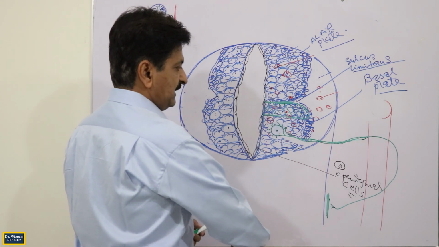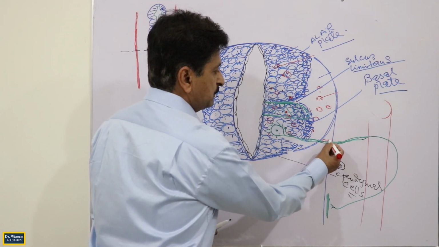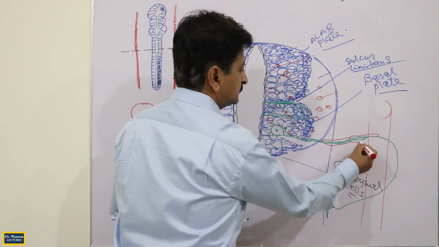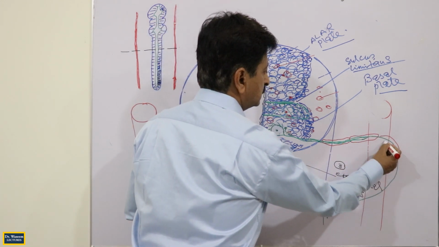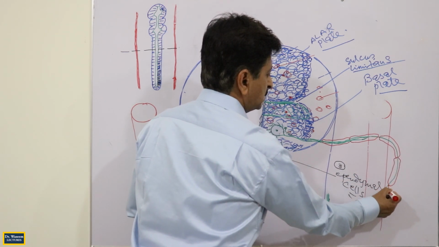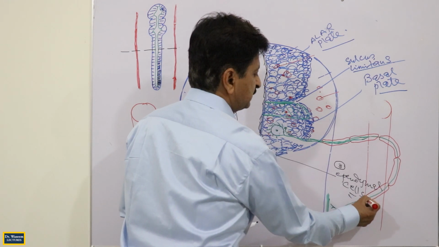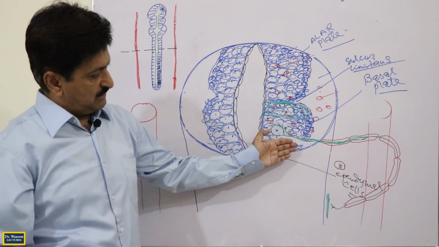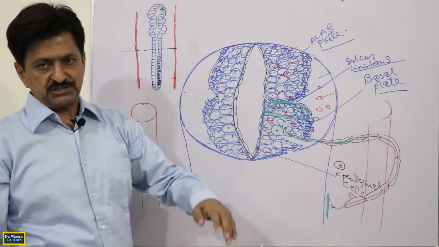So in this area myelin sheath will be given to them. So this is the motor neuron, and this is the motor activity we are watching.